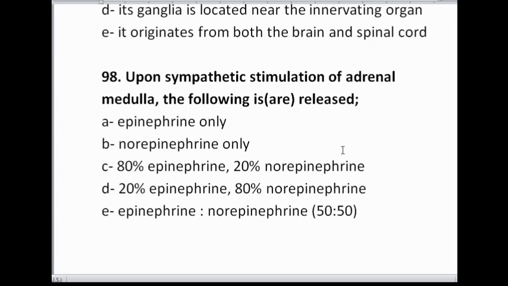Epinephrine only, norepinephrine only, 80% epinephrine and 20% norepinephrine, D option is 20% epinephrine and 80% norepinephrine, or epinephrine and norepinephrine are released in an equal ratio, that is 50-50. Now the correct option is C, because upon sympathetic stimulation of adrenal medulla, what is released is 80% epinephrine and 20% norepinephrine. So the correct option is C.